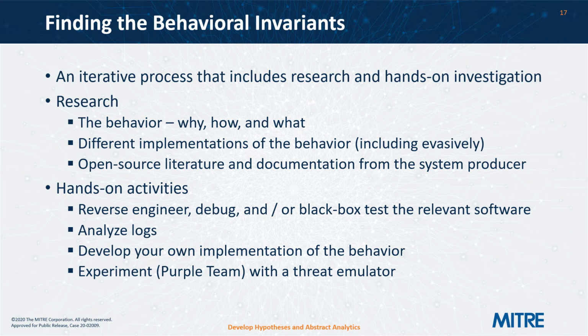And we can get hands-on by reverse engineering the technology, debugging it, trying to execute the technique ourselves, looking through logs that are generated when that technique is executed, and getting threat emulation experts to help us explore how that technique works and what second-order effects are generated and the resulting logs.